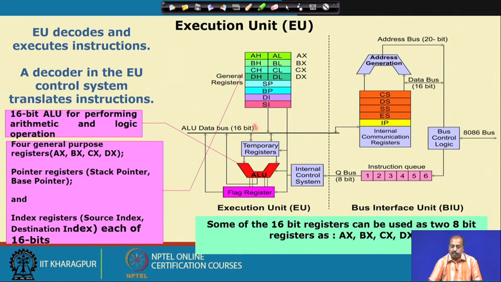As I said, some of these 16-bit registers can be accessed as 2 8-bit pairs, as we have seen. SI and DI, the source index and destination index, are also useful for transferring the content of one portion of memory to another, that is, multi-byte data movement.